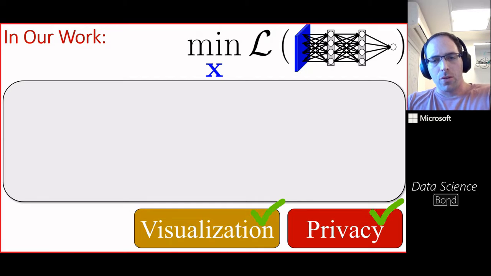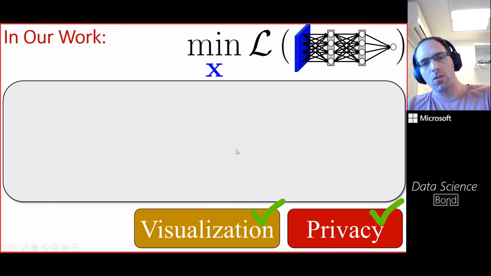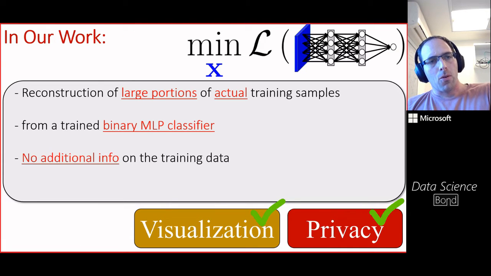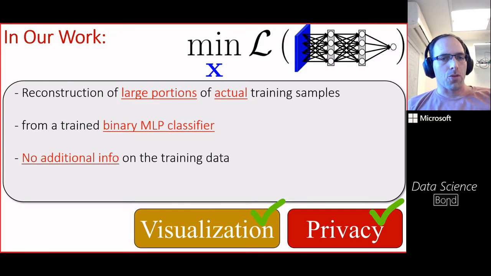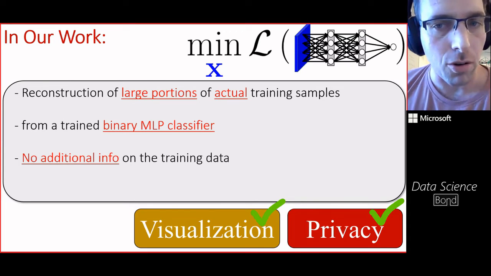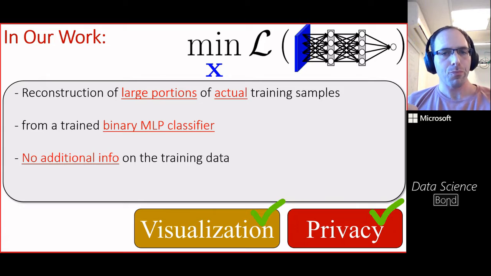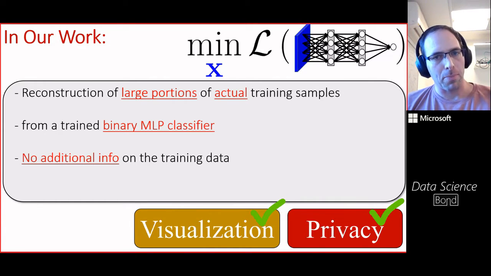Okay, so we've briefly discussed visualization techniques and privacy and how they are related. Let me rephrase our contribution in our work. We show that we can reconstruct large portions of actual training samples from a trained binary MLP classifier.